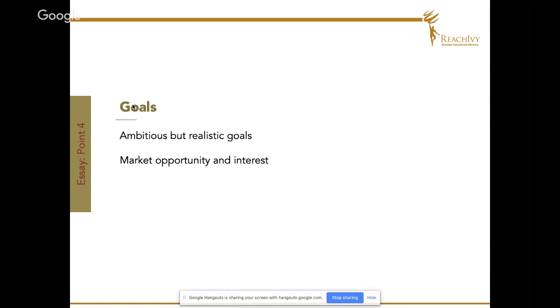Right? You need to pick goals that show you as someone having a decent amount of ambition when applying to a B school. However, if you're a finance guy and suddenly after B school you wanted to get into marketing, that is a non-realistic goal. So make sure your goals are realistic too. Unless restrictive, always state the market opportunity and your interest in these goals.